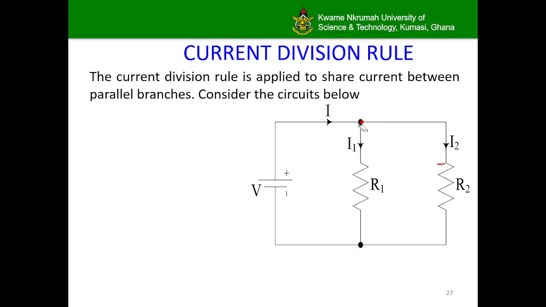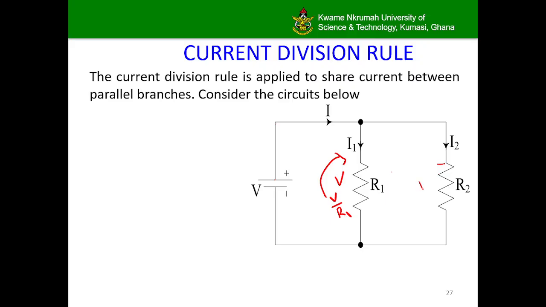To find these currents, we need to determine the voltage across the resistors, and then we divide the voltages by the values of the resistors to get the currents. For example, I1 is the current through R1, and so if we know the voltage across R1, then we can do V over R1 to get I1. Same logic applies to I2.